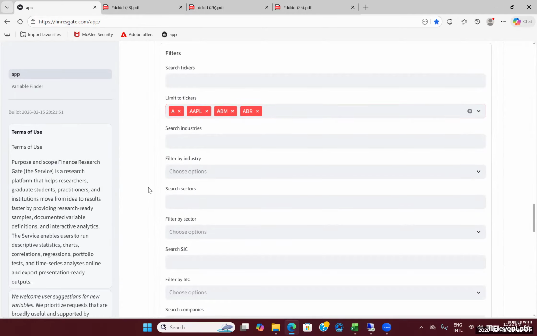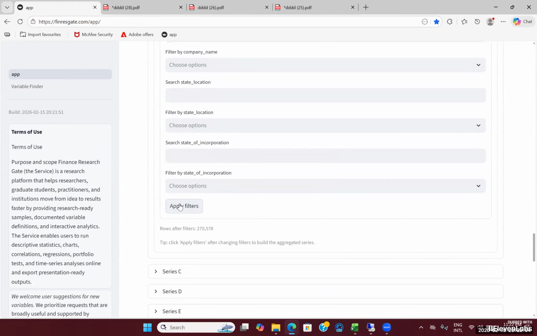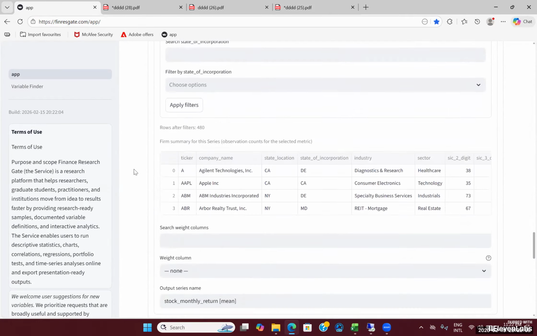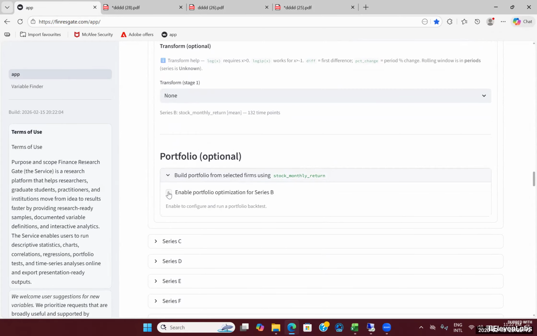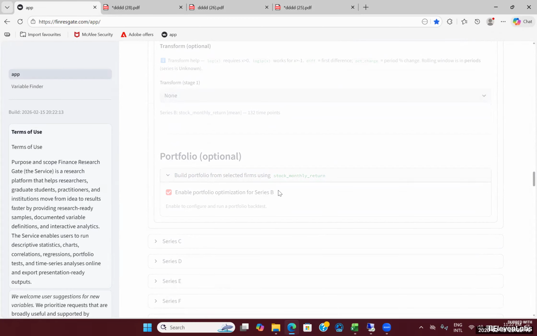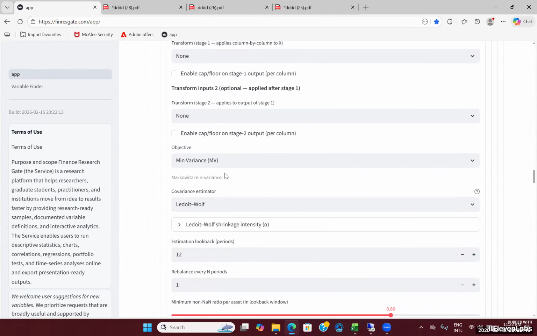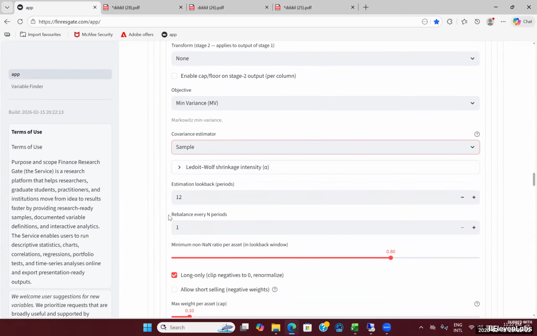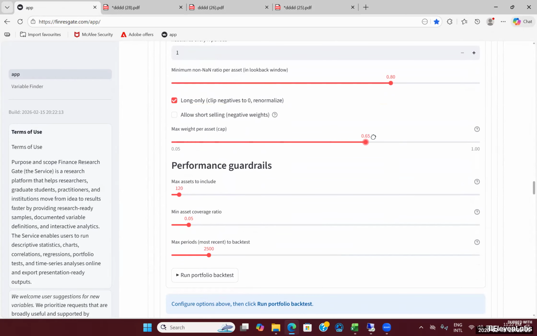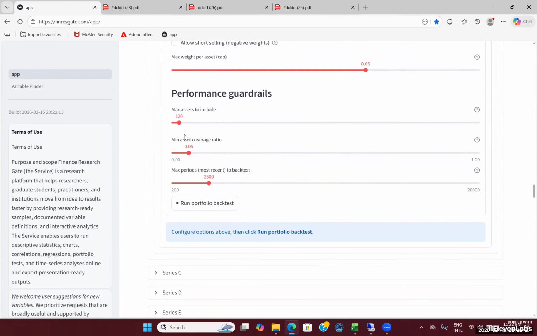This thing here and that thing there. And then you can apply. Enable portfolio optimization. We're going to choose the minimum variance. And now let's go ahead and run it.